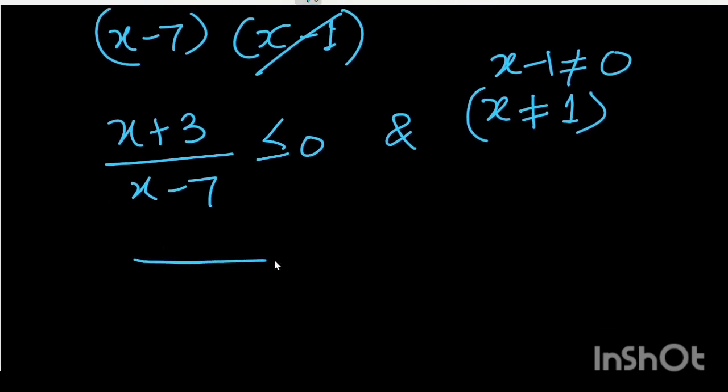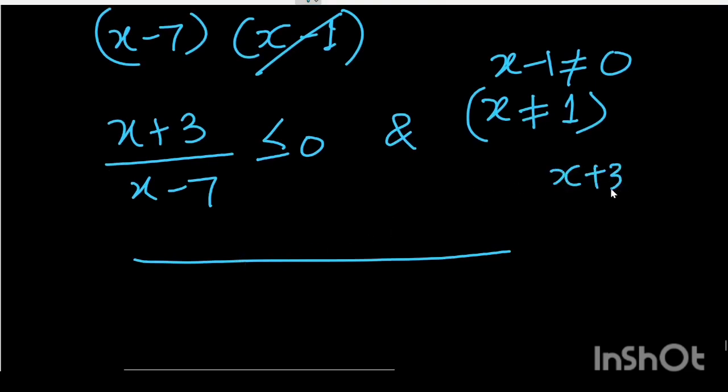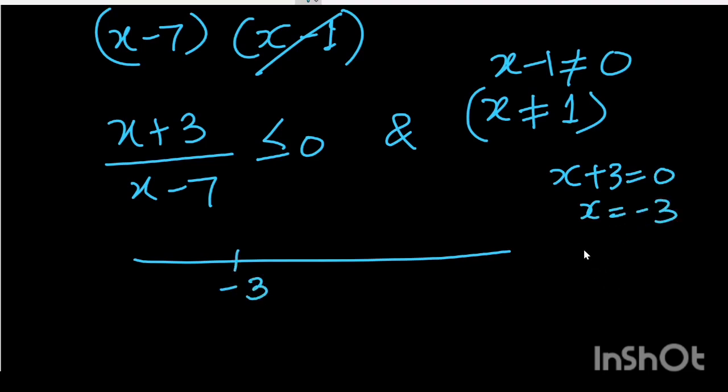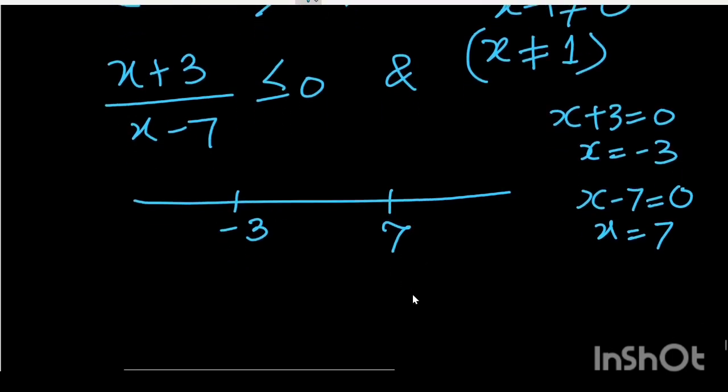Now we can use the wavy curve. The zero is from x + 3, so we will get -3 as one of the zeros. Now the pole, where the denominator linear factor is 0, so x = 7 is another one, guys.